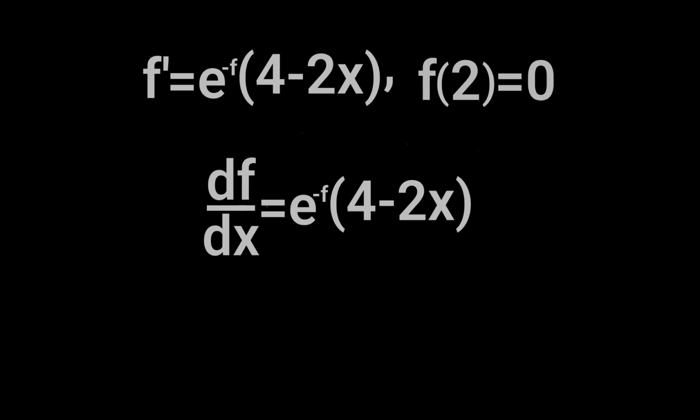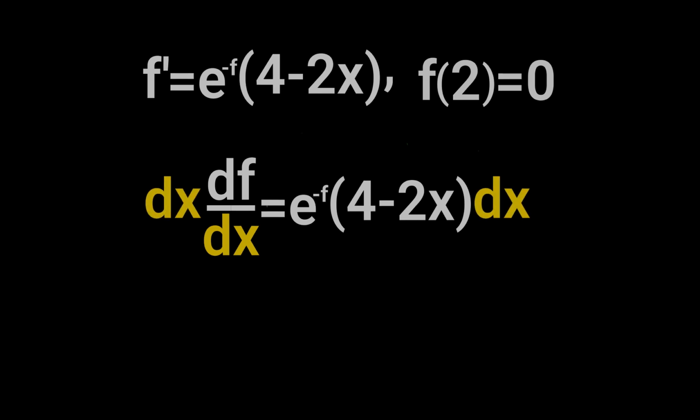Now, in order to integrate this, we need to have x on one side, then f on another side. In order to do that, we want dx to be on the right side. So we've got to multiply both sides by dx.